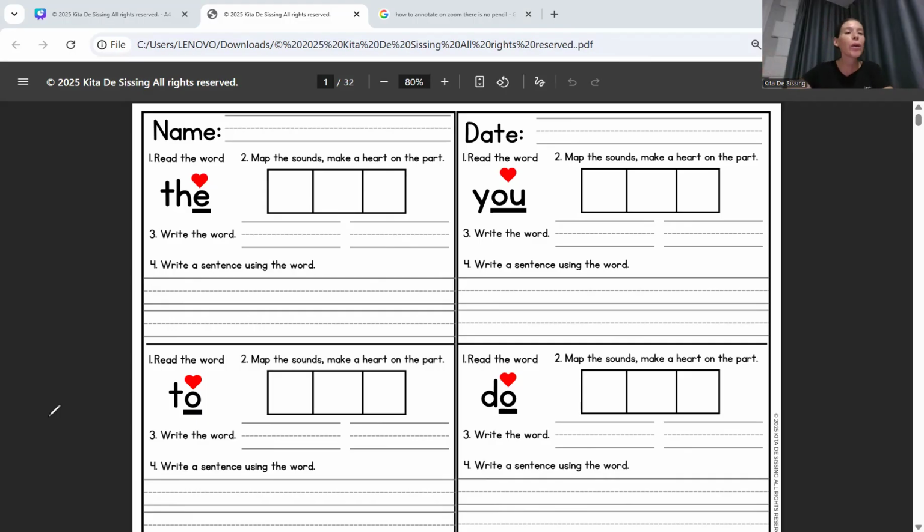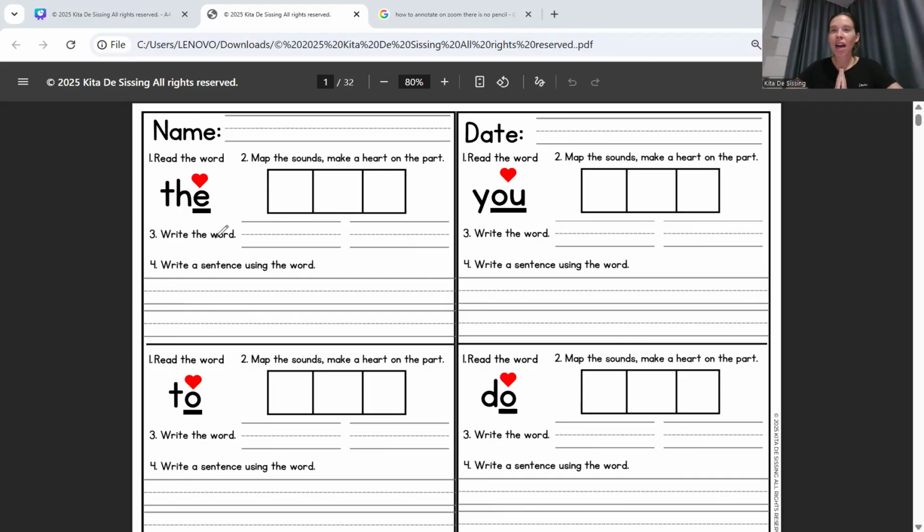So here we go. We're going to start with our first word, the. And of course, you probably can already understand why these words are called high frequency words, because the is such a common word. We would see it in almost every book that we read. So let's start off by saying the.